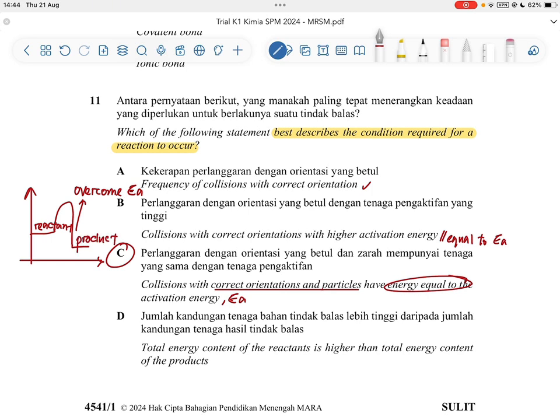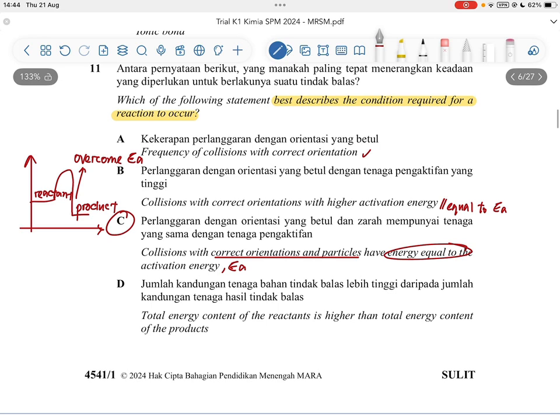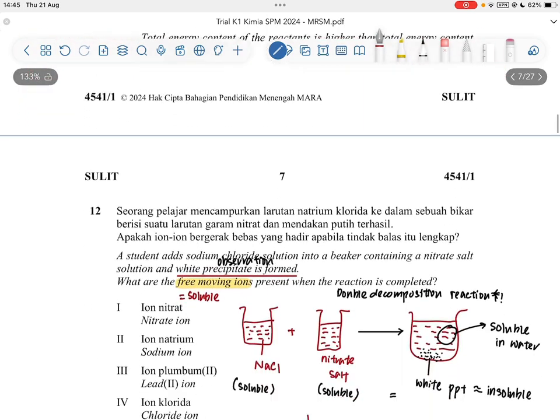For A, the statement is correct, but it can be somewhat more specific. For statement B, collisions with correct orientation with higher activation energy or equal to the activation energy. It is not necessary that it must be higher, it also can be equal as long as you achieve it. D is not relevant, so the answer will be C.